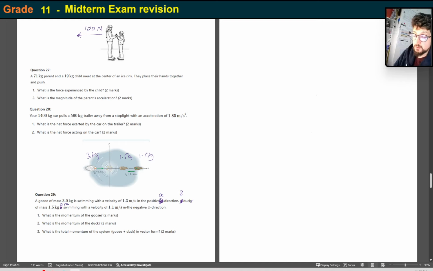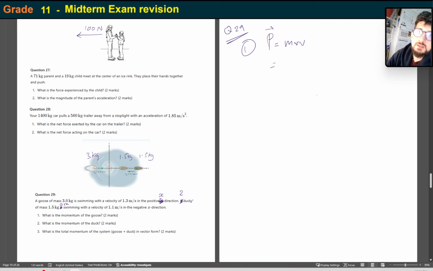Okay, here we go. So question 29. What is the momentum of the goose? To begin with, the momentum of the goose is equal to mass times velocity. Now, here's the thing, momentum is actually a vector quantity, which means it has direction.